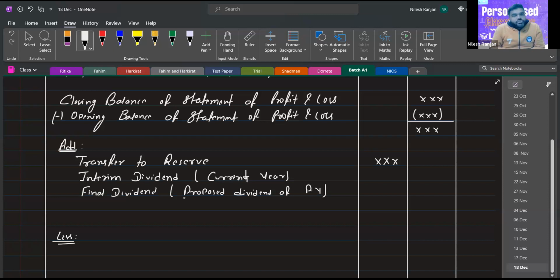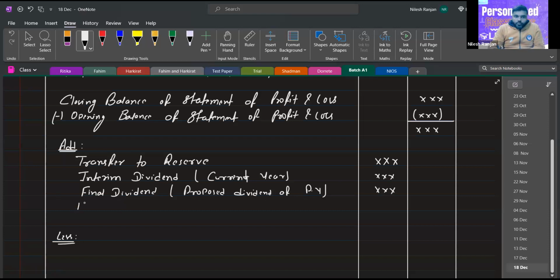That's why final dividend is always paid in the next year. So proposed or declared dividend of the previous year will be paid in the current year. That's why final dividend paid is considered here, because it is the proposed dividend of the previous year. Is it clear? Yes, sir.